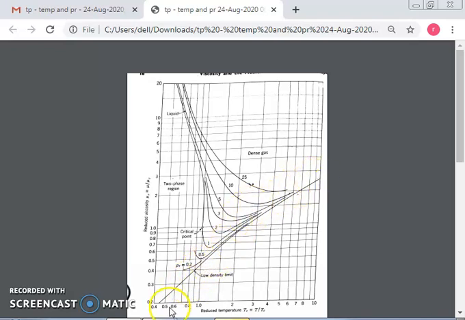This curve corresponds to the low density limit, and this low density limit is reached at a pressure of about 1 atmosphere. The viscosity of a gas at low density increases with increasing temperature, whereas the viscosity of a liquid decreases with increasing temperature.